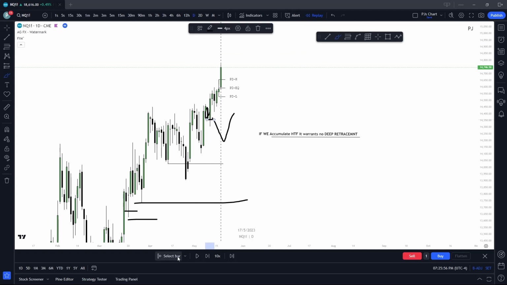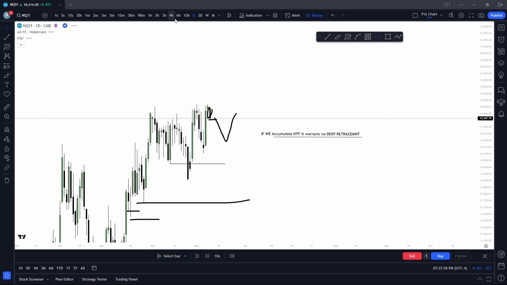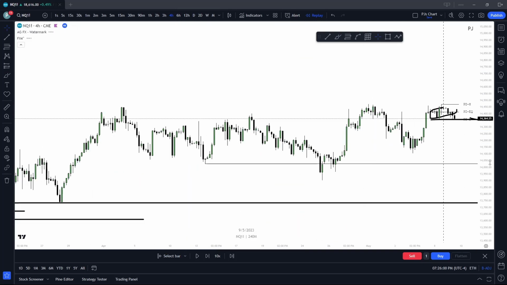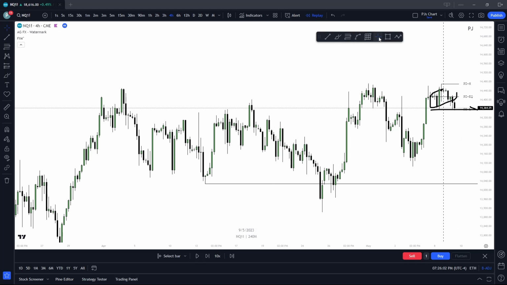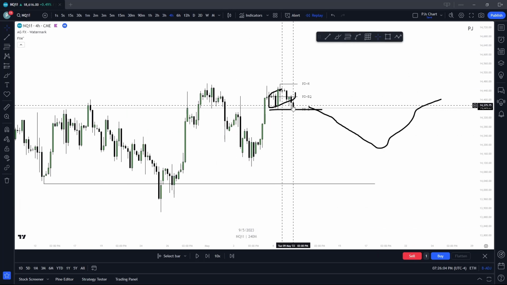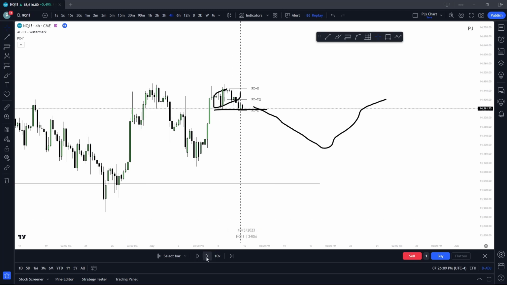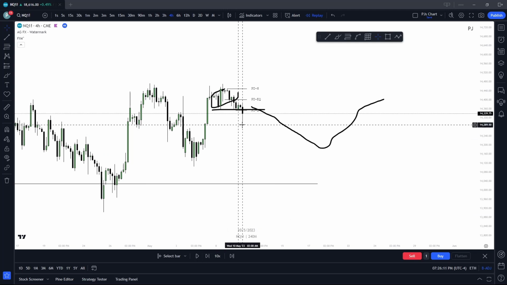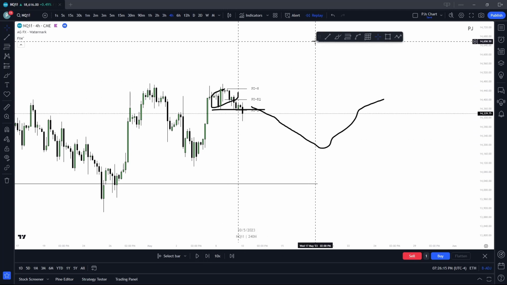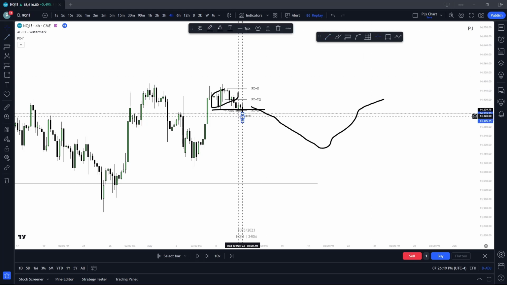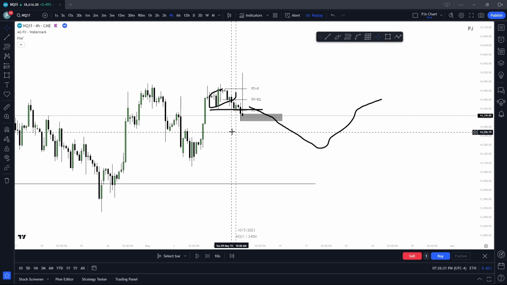If we come on the 4 hour here, oh, beautiful, London low of the day. We'll either see 6 react off the wick, which it probably will do, and or sweep the low, but I'll probably see a reaction off the wick.